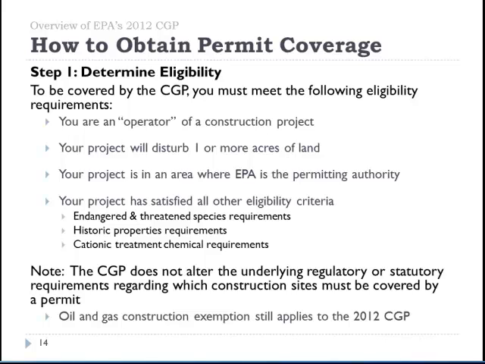So the first thing is, if you're an operator of a construction project, your project is disturbing 1 or more acres of land, or you're part of one of these residential subdivision projects that are less than an acre but the whole project adds up to more than an acre. In addition, you're in one of these areas that I summarized before where EPA is the permitting authority. And then there's also a set of eligibility requirements that apply in addition to the first three.